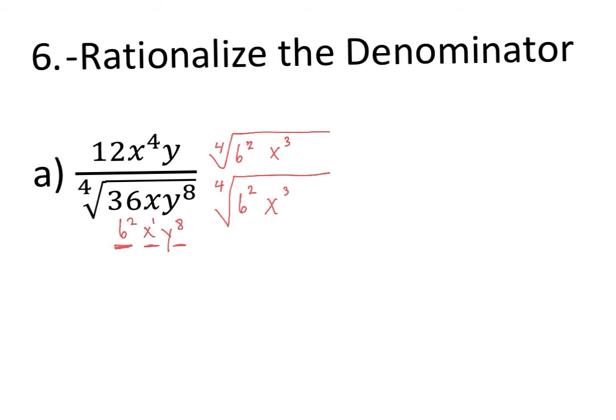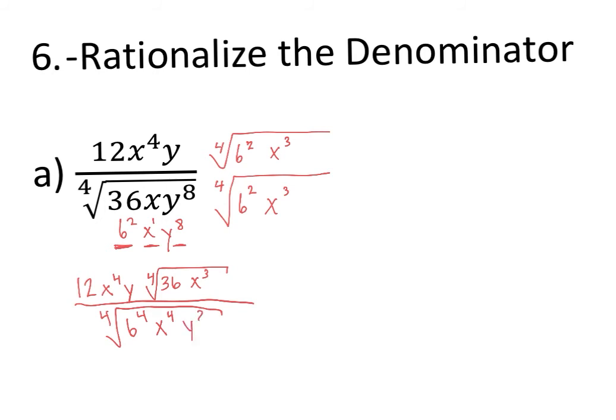All right, I'm going to rewrite this then. I have 12x to the 4th y times the 4th root of 36x cubed all over the 4th root of 6 to the 4th power, x to the 4th, y to the 8th.